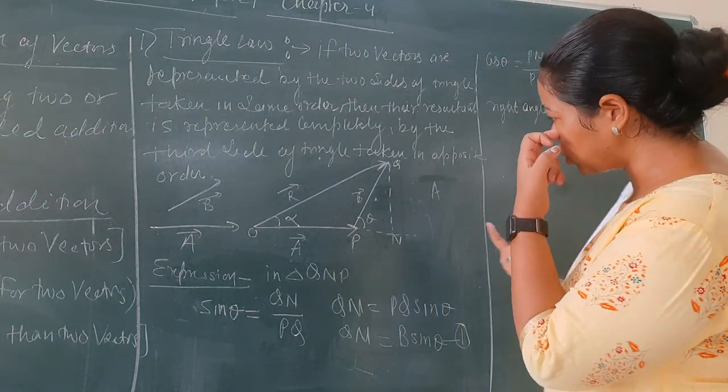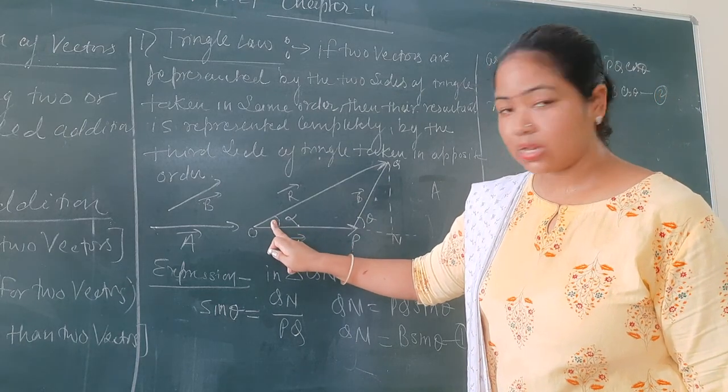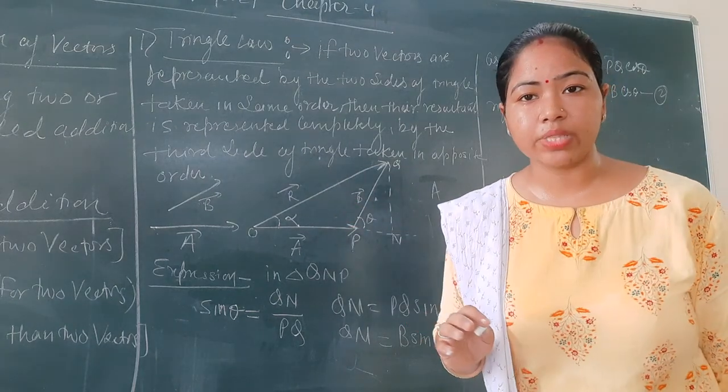So by the Pythagoras theorem, as we know, this angle we are taking, the angle's opposite side will be the perpendicular, base, and the rest of the side will be the hypotenuse.